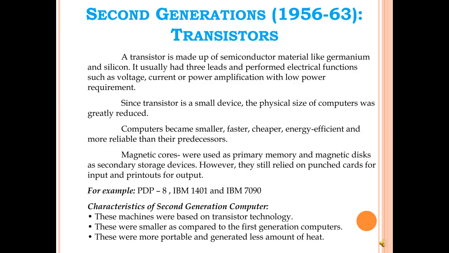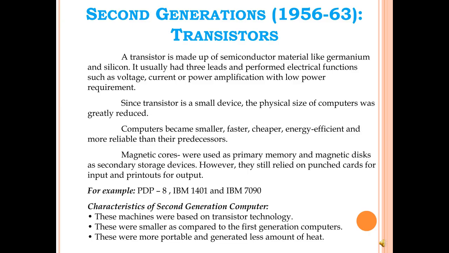It usually had three leads and performed electrical functions such as voltage, current, or power amplification with low power requirement. Since the transistor is a small device, the physical size of computers was greatly reduced.